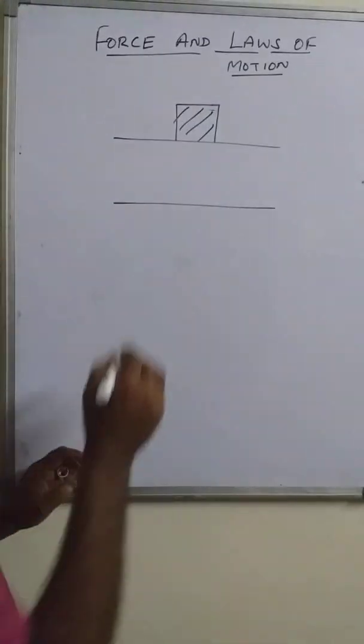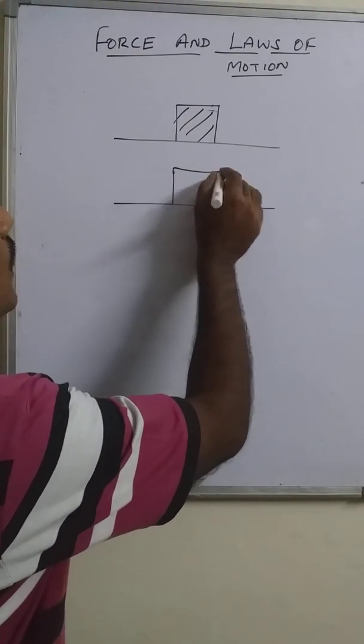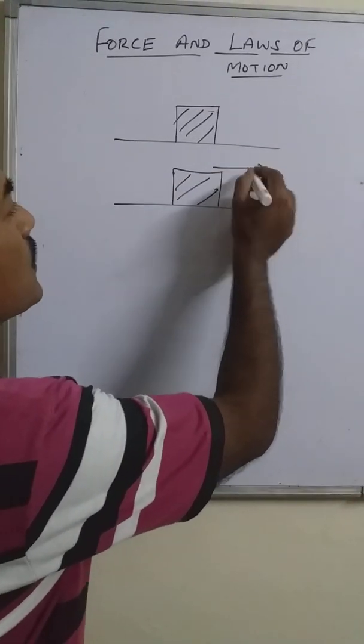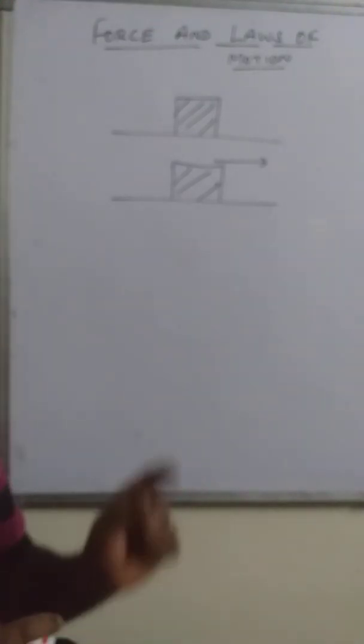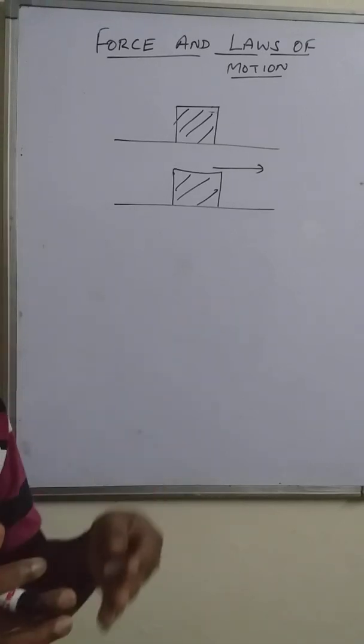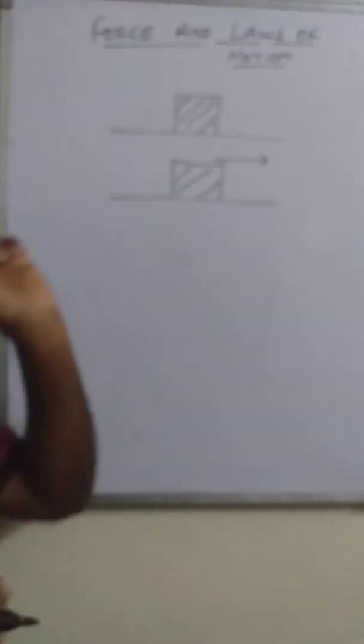If an object is already in motion, then also to change its state, that means to stop it, the external agent has to do something.